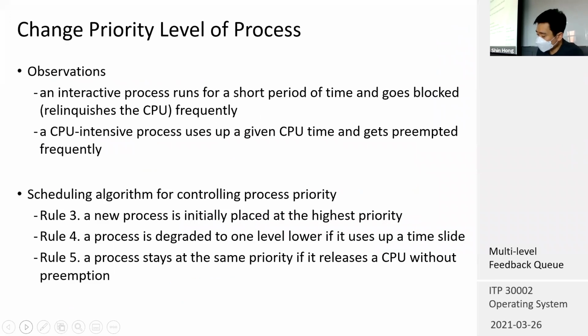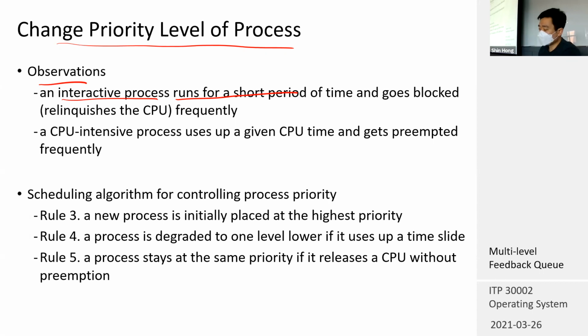So here is another job for the scheduler. In MLFQ, the scheduler also works for adjusting priority over time. The intuition behind the observation is that an interactive process runs for a short period of time and then goes to the blocked state.